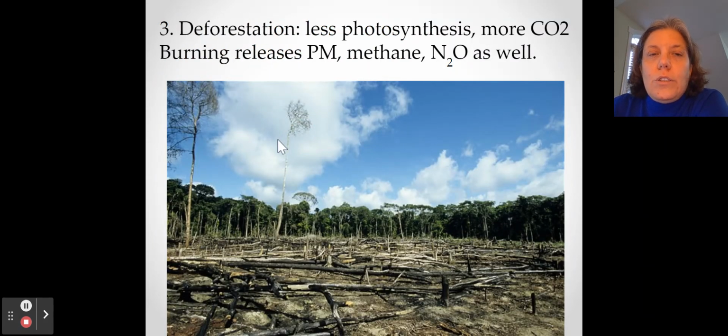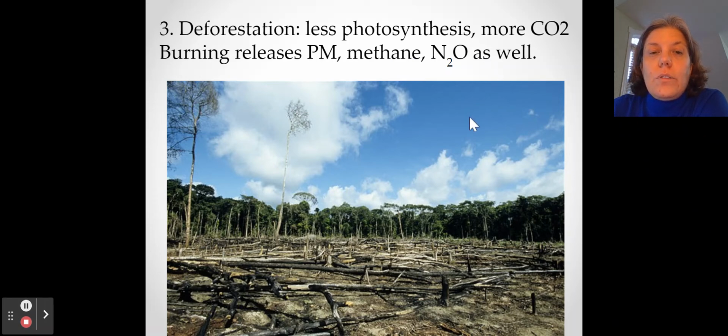And then deforestation is a human-caused source of greenhouse gases, and that's because if you cut down the trees, you're going to have less photosynthesis, so you're going to have more CO2. If I don't have these trees around, they're not taking in the CO2 like they normally would to do photosynthesis, and therefore I'm going to have more of it. If I burn the trees, I'm going to release particulate matter, methane, and nitrous oxide as well.